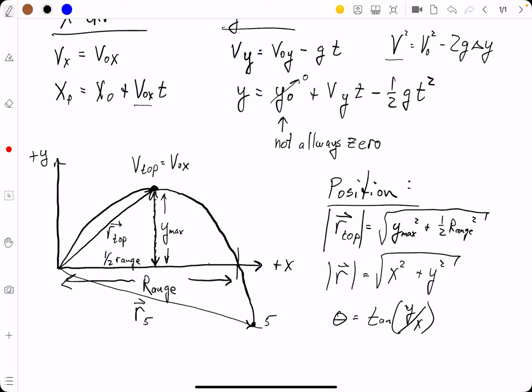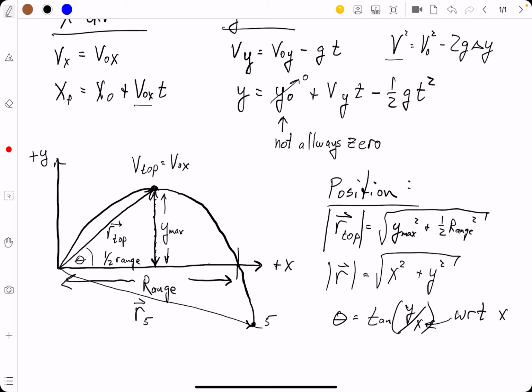Now here, let's draw theta. When you put the x in the denominator, that is with respect to the x-axis, okay? So whatever's in the denominator gives you the angle with respect to that axis.